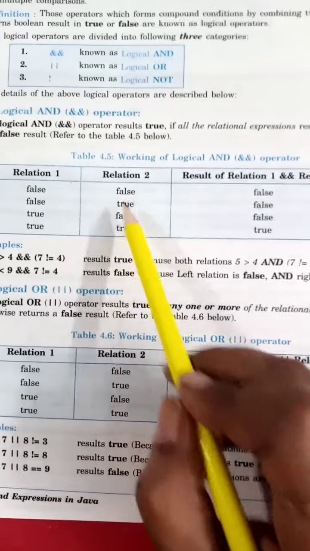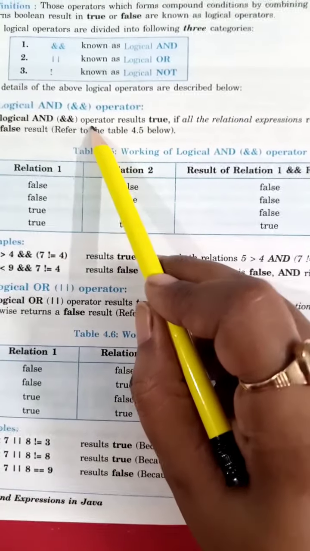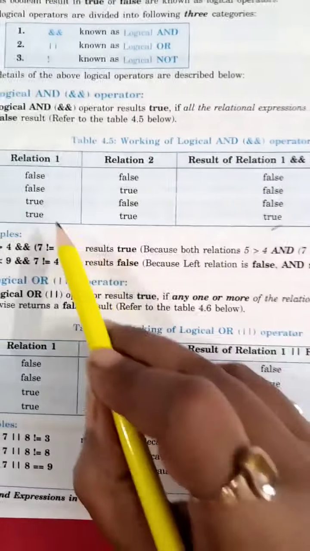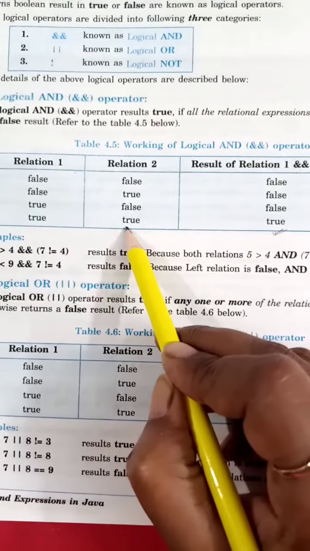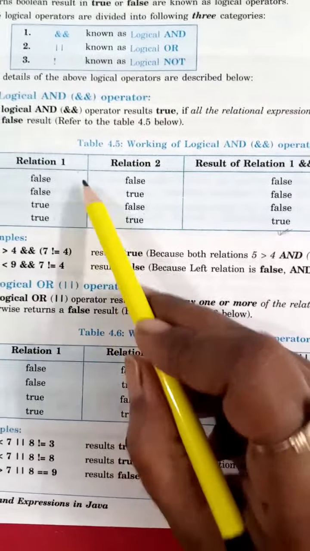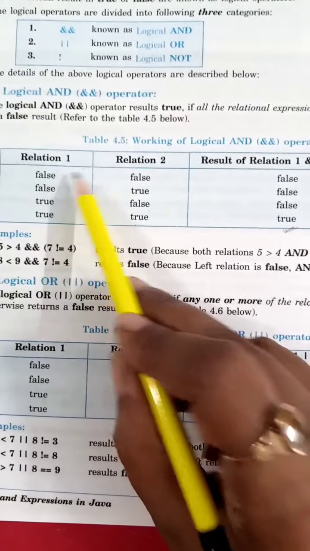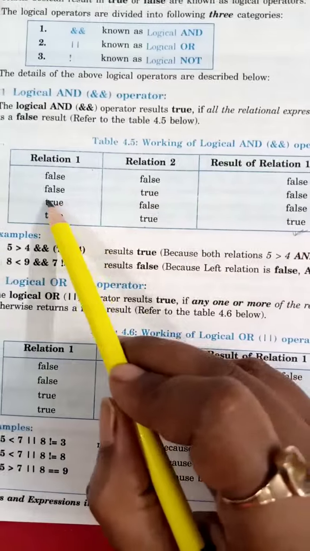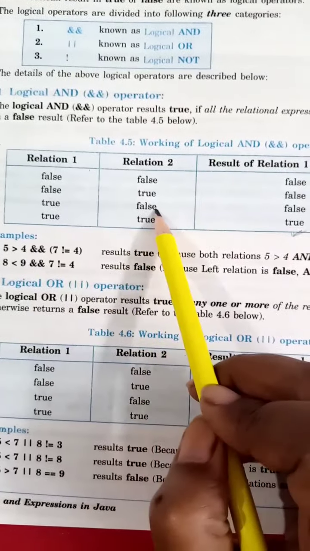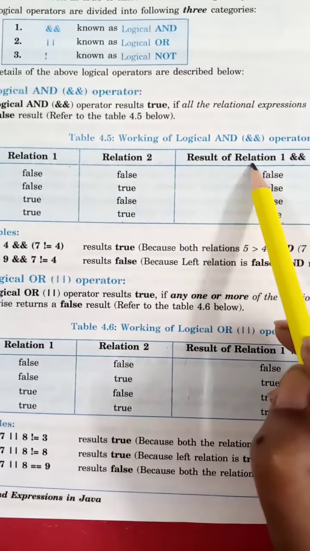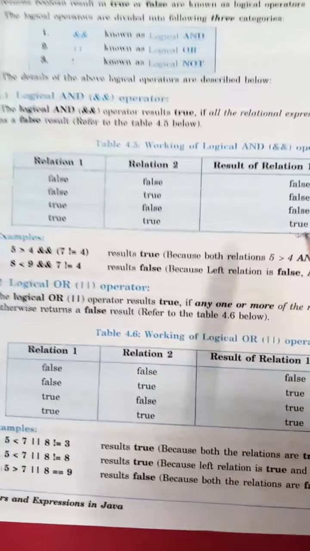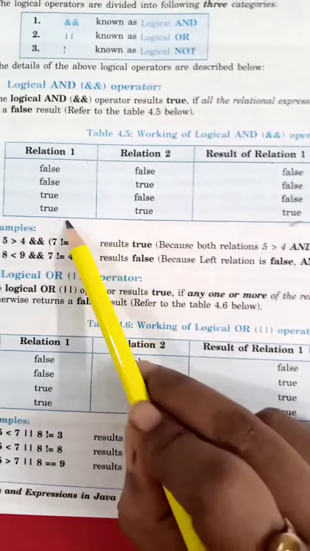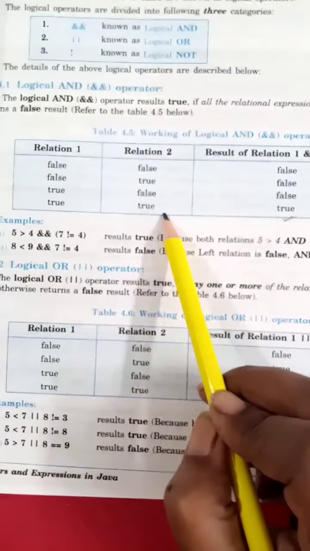In case of logical AND, the result will only be true when both the conditions are true. If any condition is false, or both the conditions are false, you are getting false. You will be getting true only when all the relations are satisfied.